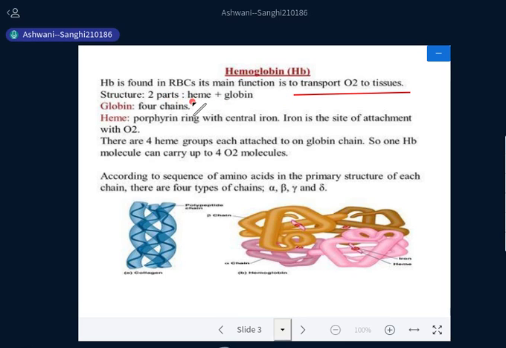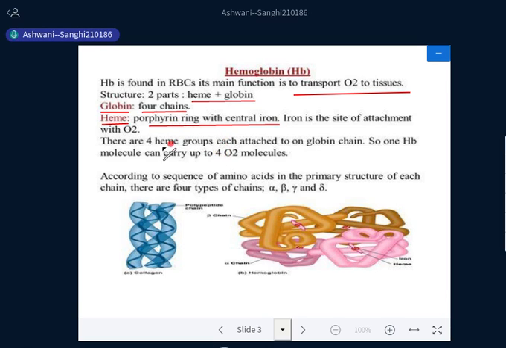Heme is the non-protein part, an iron-containing 4 pyrrole ring or porphyrin ring with a central iron atom. Globin is the protein part, 4 chains of amino acids.